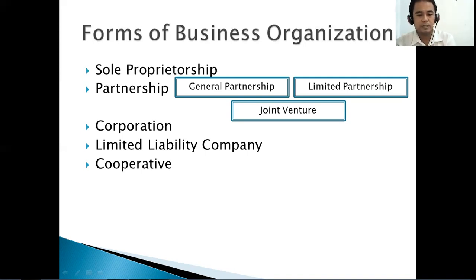And the advantages of a corporation: it limits liability of owners for debt and losses. Profits and losses belong to the corporation. So those are the advantages of a corporation. And the disadvantage: corporate operations are costly.